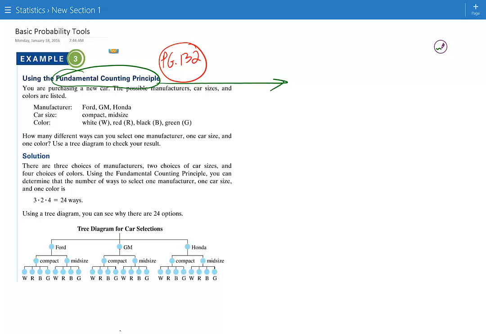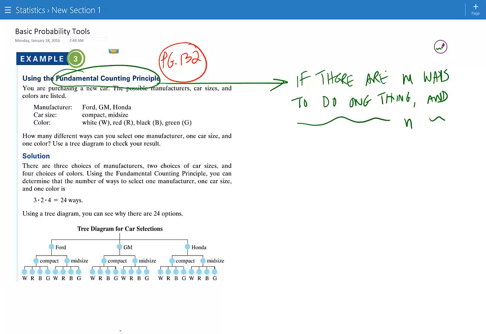Well, it says that if there are, let's say, m ways to do one thing, and there are n ways to do another thing, then there are m times n ways to do both.